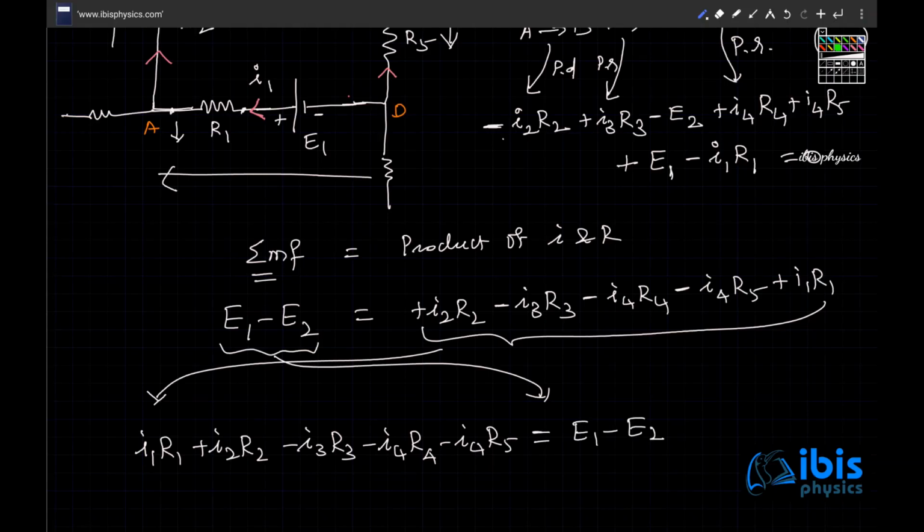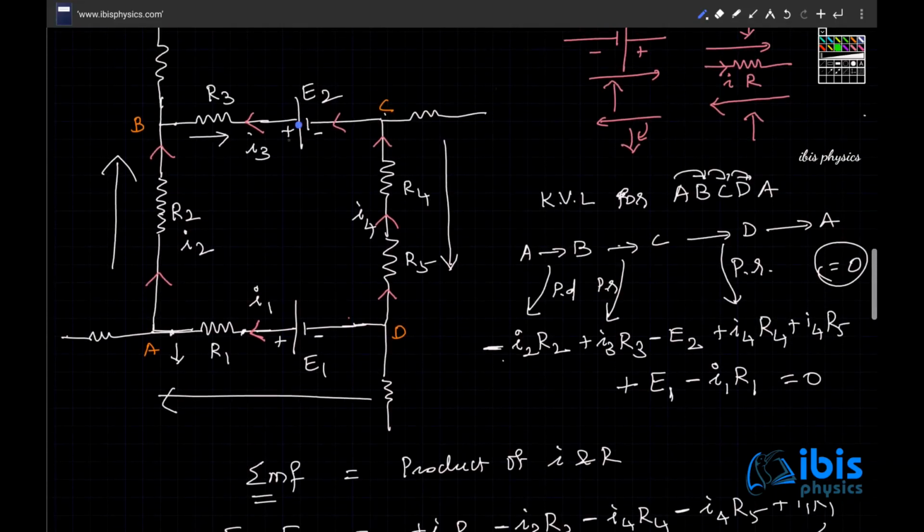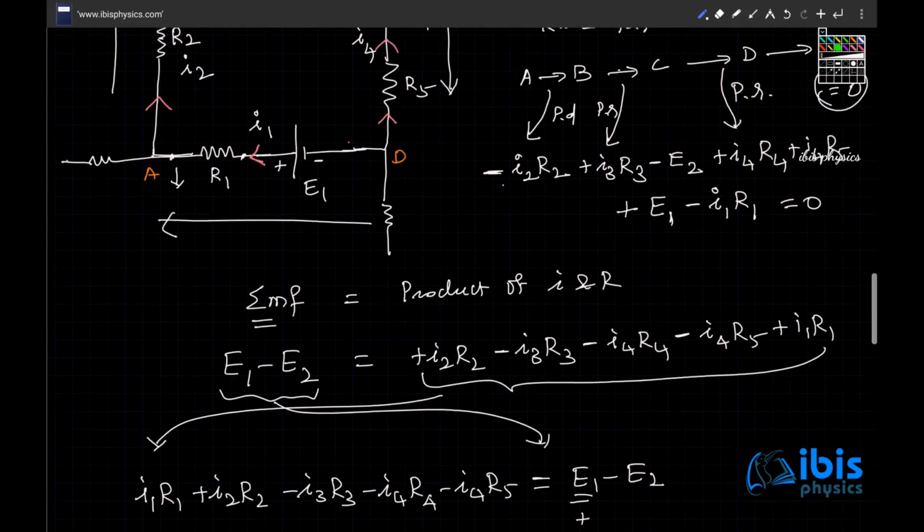You look at E1, you move from negative to positive, so you assume it is plus. And you look at E2, positive to negative, you put minus.